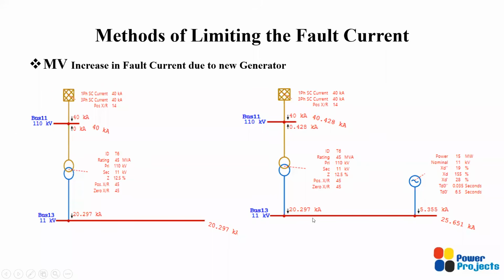So the total fault current is 25.65 kA. Originally, when the system had an actual fault current of 20 kA, we might have selected 25 kA. But in the future, if somebody adds the generator, the fault current exceeds the switchgear rating which we have selected, which is 25 kA.